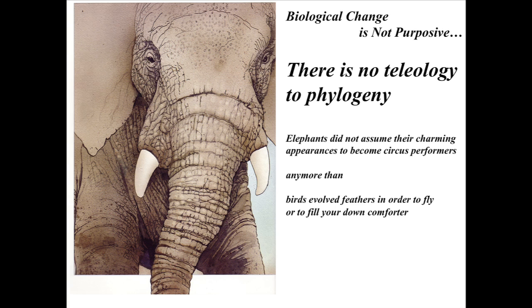That sounds like a crazy statement, doesn't it? You might ask, well, Dr. Kausch, what did a bird evolve feathers to do? But I just mean to say this is a problem in your thinking. A bird did not evolve feathers in order to fly. That's ridiculous. A bird did not evolve feathers in order to fly any more than it evolved feathers to fill your down comforter.